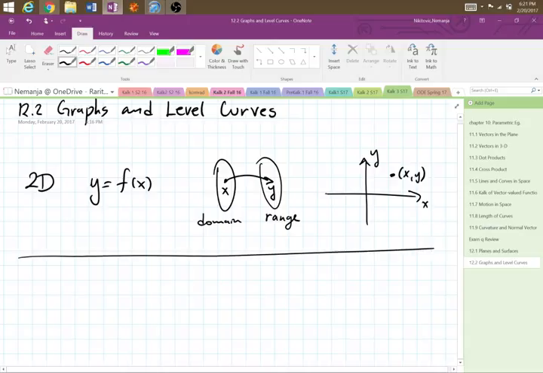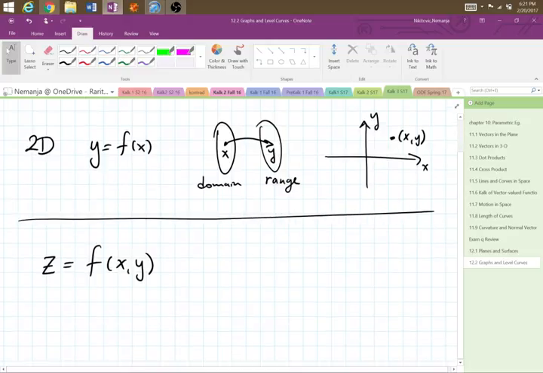Now we're going a dimension higher. I'm going to take a look at z as a function of x and y. So what I have now is two independent variables making up z. I will give you a concrete example: 2x squared plus 3y is equal to z.